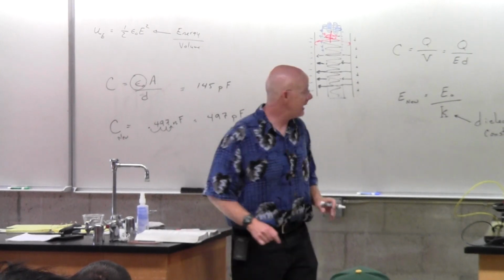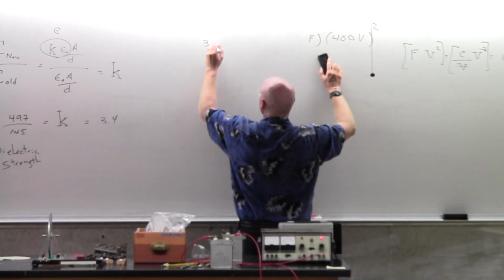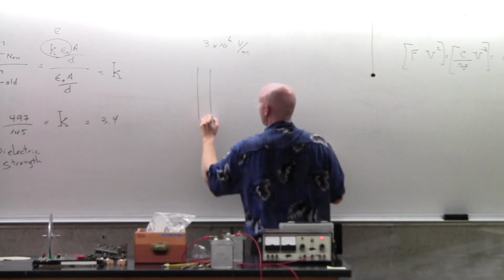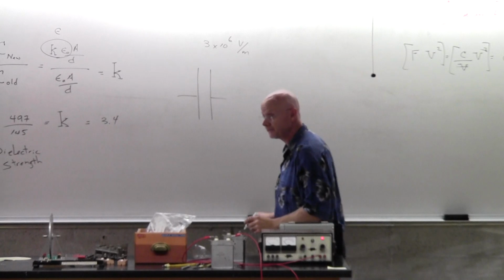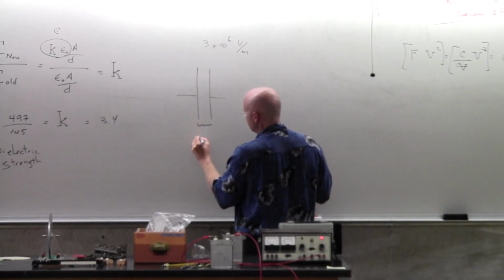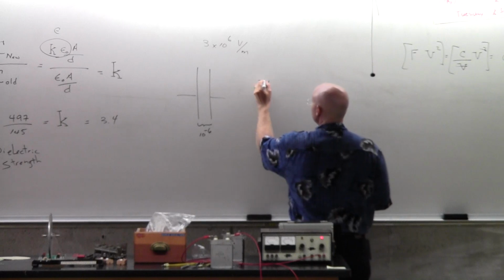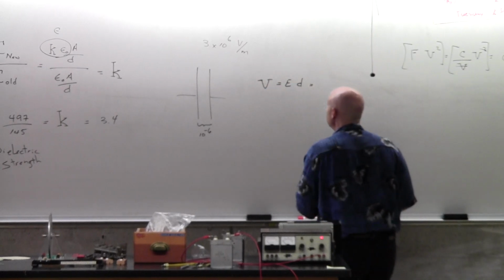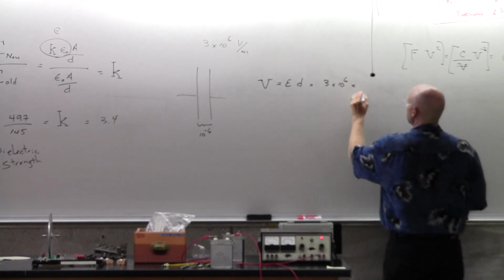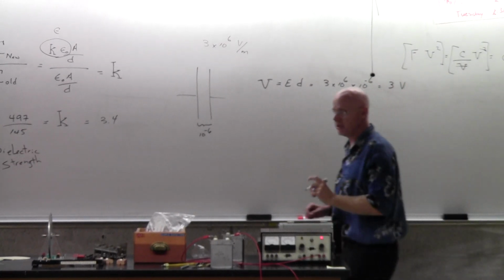Now, I know that sounds like a lot, but 3 million volts per meter means that if I have one of these small capacitors filled with air, and that capacitor only has a distance of 1 micron, the voltage, which is the electric field times the distance, would be 3 times 10 to the 6th times 1 micron, and you're talking about don't exceed 3 volts.